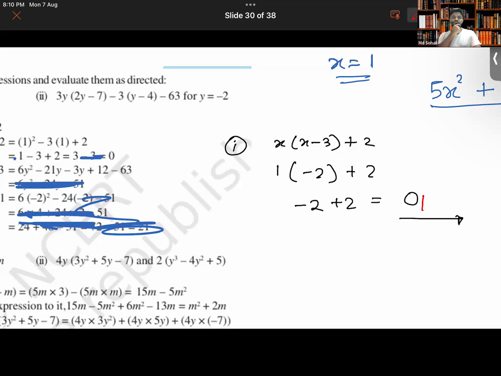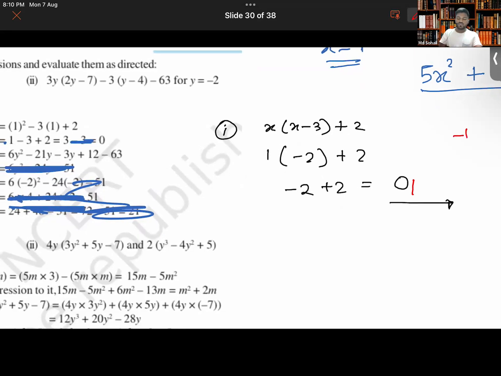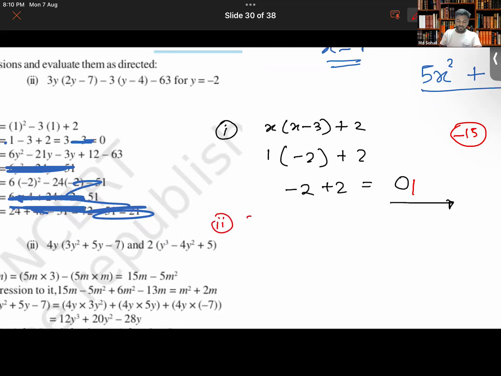So is the answer minus 15? Minus 15. Okay, what about you, Arhan? Did you also get the same answer? I'm still solving. Okay. Let's see if it's true. Meanwhile, if you get your answer, Arhan, please tell me.